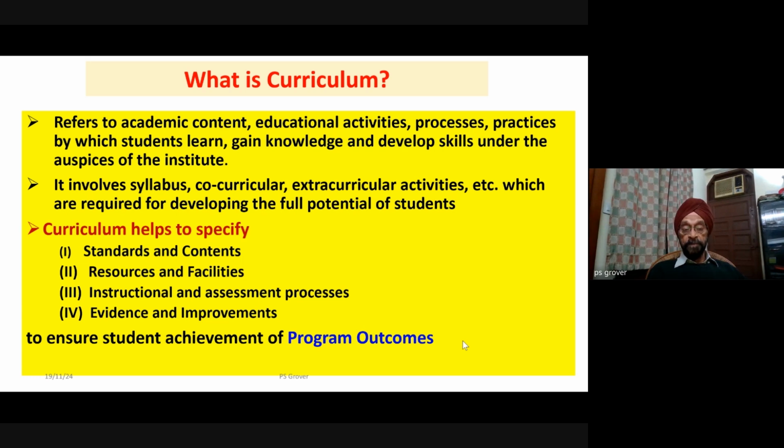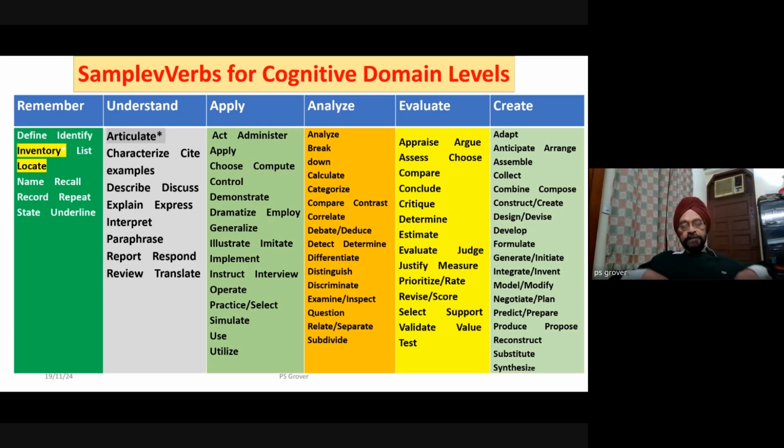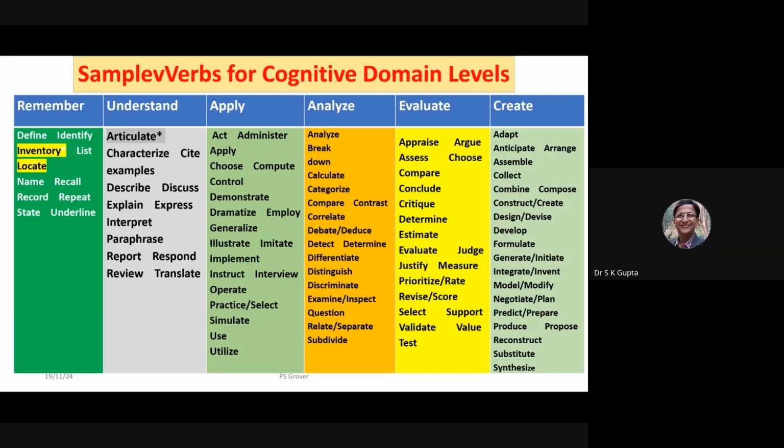students achieve program outcomes. Now kindly see here, can I analyze something without understanding? Can I become a better analyzer if I know how to apply things? Do you agree or not?